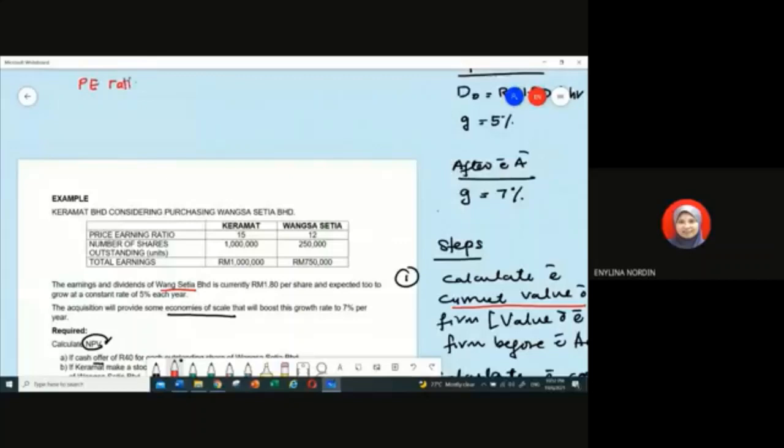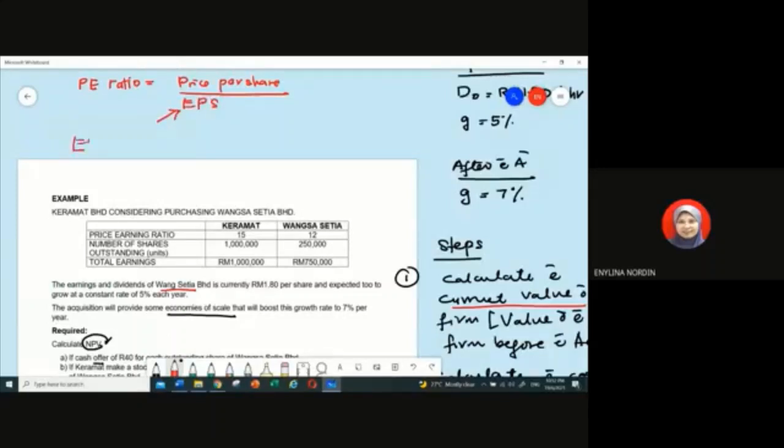To calculate the PE ratio, the formula is price per share divided by earnings per share. So how to calculate earnings per share then?